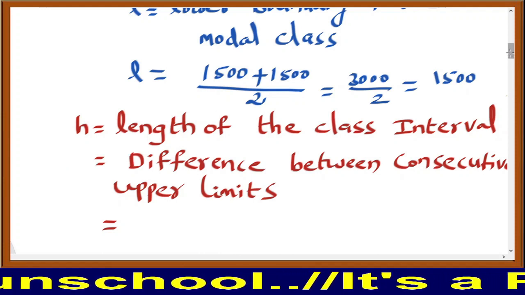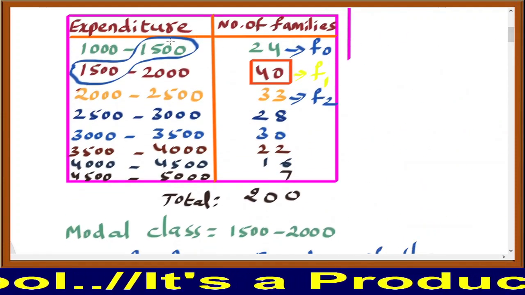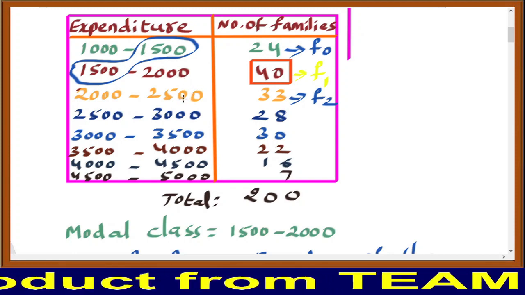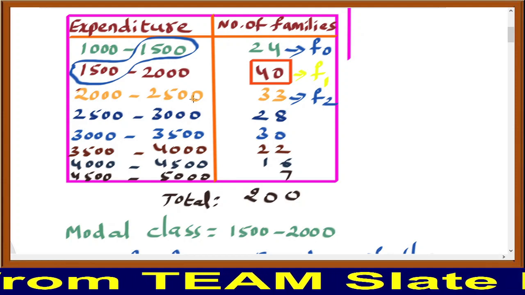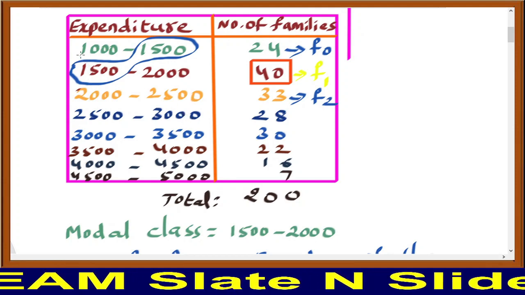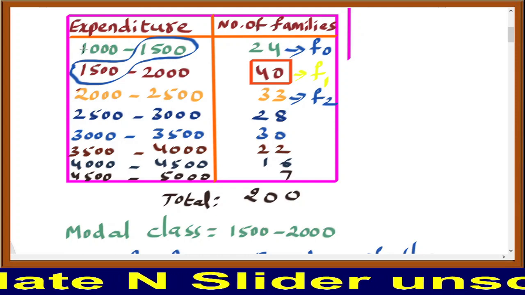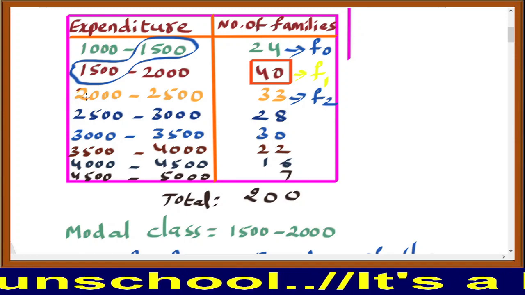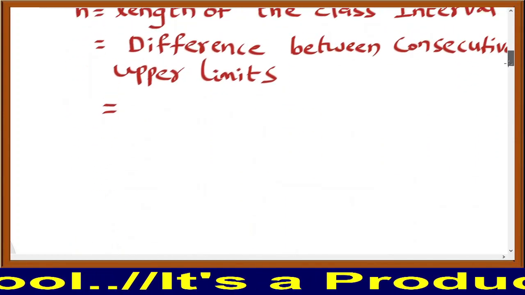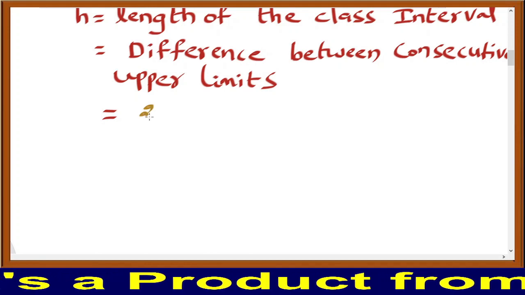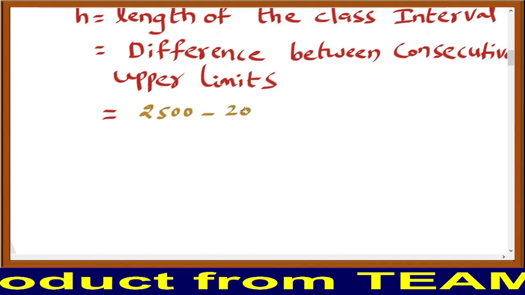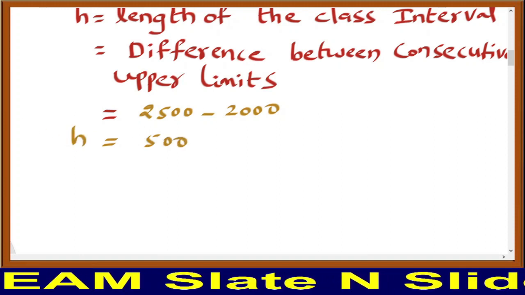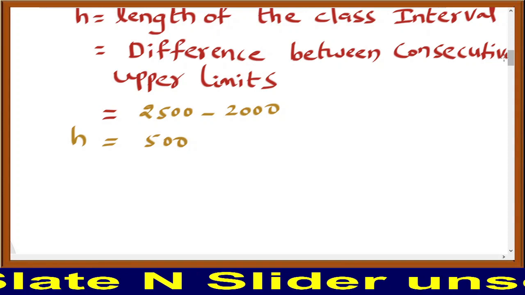Take any two consecutive upper limits. I am taking 1500 and 2000. These two are consecutive upper limits. Or we can take 2000 and 2500. Suppose if you want to take the lower limits, then take 1000 and 1500 as the consecutive lower limits, or we can take 1500 and 2000. So take the difference. I am taking 2500 minus 2000. So H is equal to 500. The length of the class interval is 500.